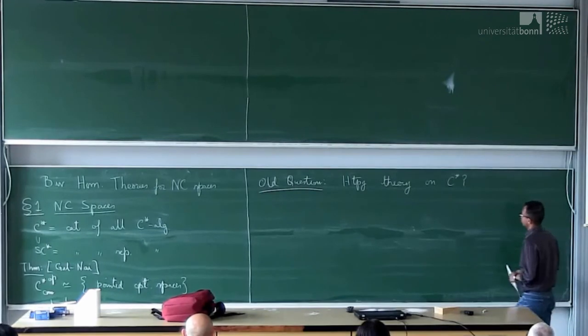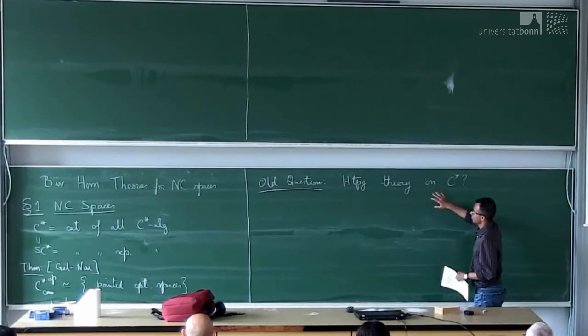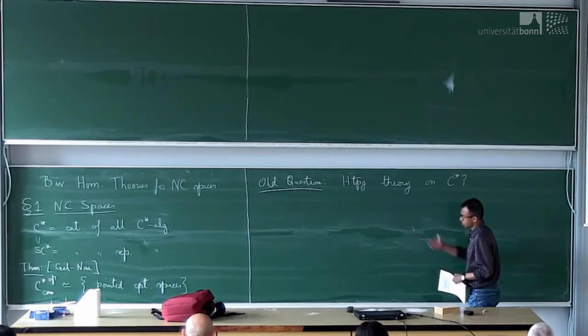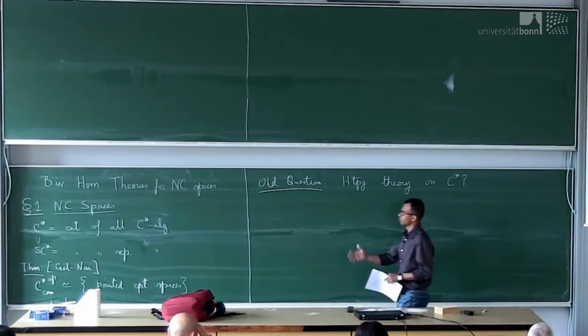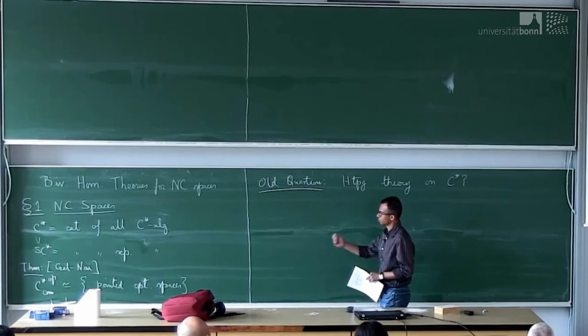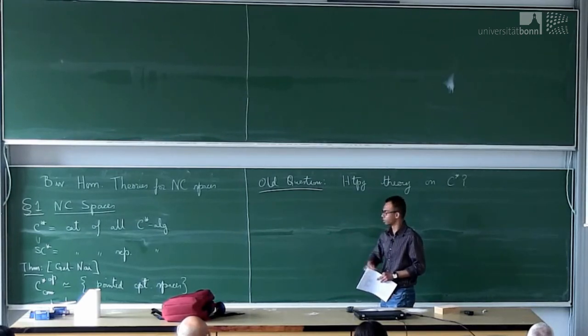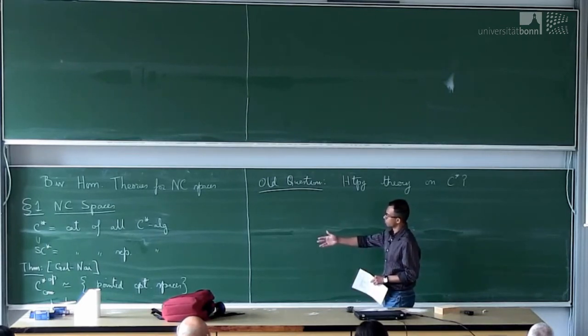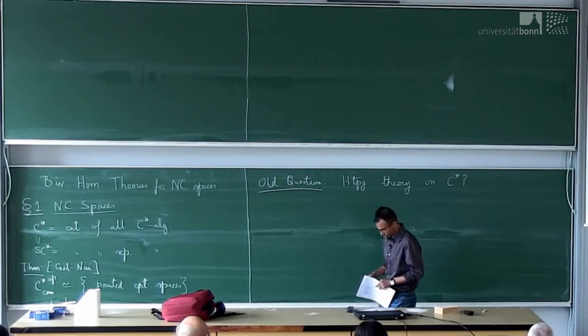This question can at least be traced back to the works of Efros and Rosenberg. Rosenberg explicitly asked the question, for instance, if you have pointed spaces, then you can always do two natural things. You can smash it with the pointed circle, and you can also take pointed maps out of the pointed circle. And one of them has a counterpart, the suspension functor in C-star algebras. What about the other one?